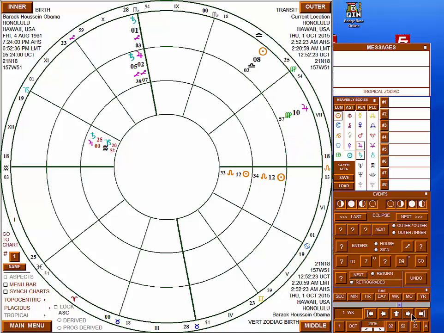There's a second conjunction with the vertical zodiac Jupiter. I would say one day at a time now. Here we go. It is now within a one degree orb on October the 2nd.